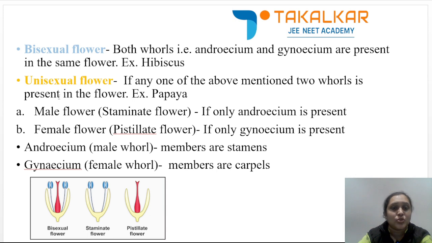And therefore, there are two types of unisexual flowers: male flower with only androecium, female flower with only gynoecium. So you can see over here bisexual flower with both gynoecium and androecium, staminate flower with only androecium, pistillate flower with only gynoecium.